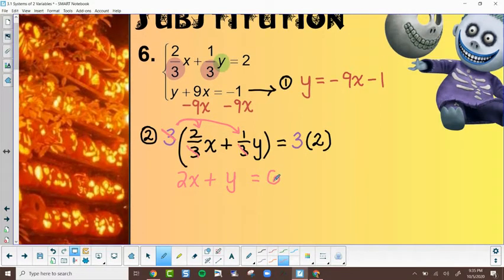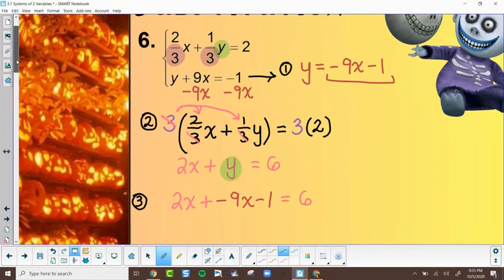So now I'm going to do the substitution game. So wherever I see a y, I'm going to plug in what I just did up at the top. So 2x plus, so I'm going to plug this in, so minus 9x minus 1 equals 6. And now I'm going to go ahead and combine some like terms together.